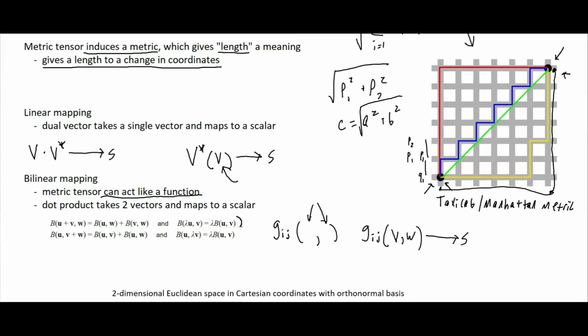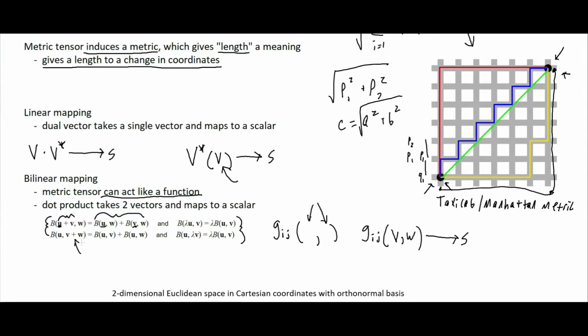Then I put this here, which is from Wikipedia, and this is just showing how the bilinearity works. The first one is showing that if you were adding vectors in your first input, then you end up with something that looks like this: your function with the first term in the first input, plus your function with the second term in the first input.